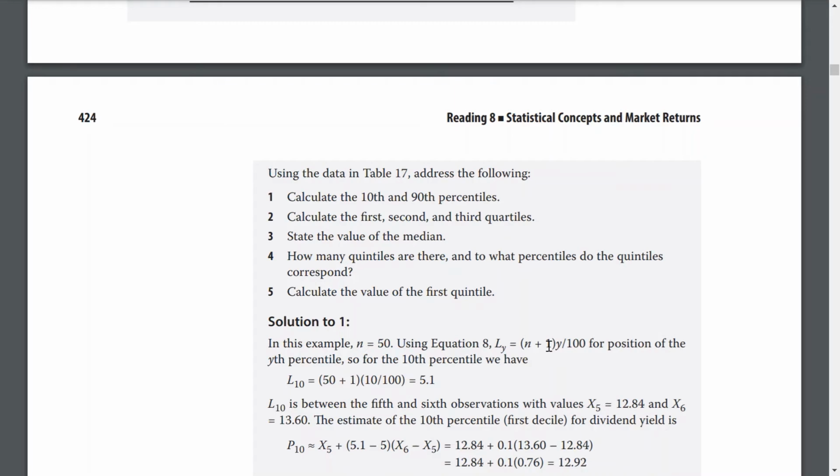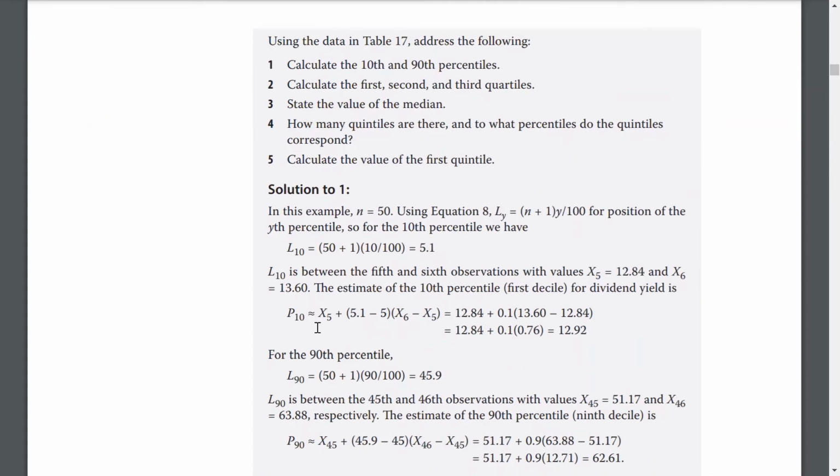So for the 10th percentile, we have 50 plus 1, because we have 50 companies plus 1, multiplied by 10 divided by 100, where y is 10, which is equal to 5.1. So L10, the 10th percentile, is between the 5th and 6th observation, values X5, which is 12.884, and X6, which is 13.60.